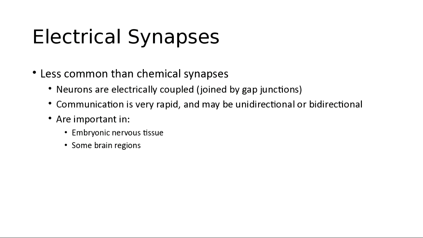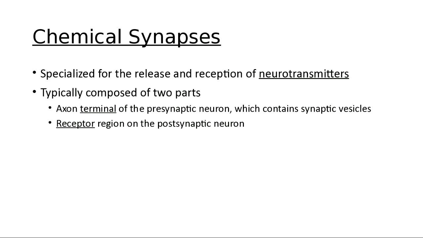Now, there are electrical synapses, though they're not terribly common, where the neurons are electrically coupled with a gap junction. It's very rapid, can be unidirectional or bidirectional. Not common except in the embryonic nervous system and some brain regions. Chemical synapses are the general norm, and it involves the release of neurotransmitters.